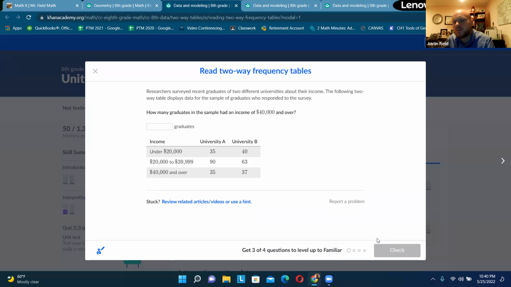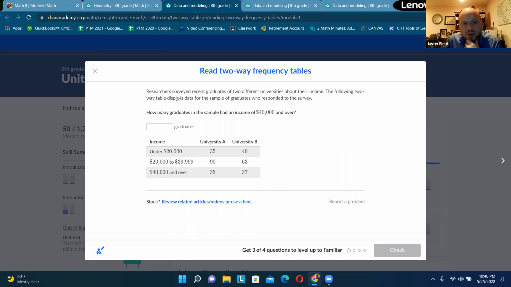But now let's talk about two-way tables. Two-way tables are something you could definitely see out there in the real world. And you want to understand what a table is saying. All right, so researchers surveyed recent graduates of 2 different universities about their income.